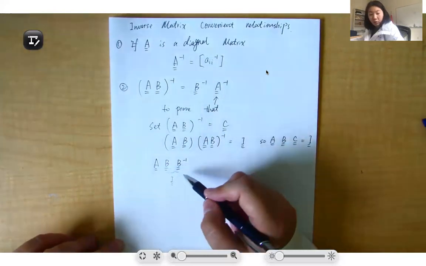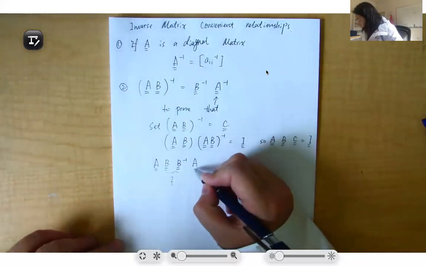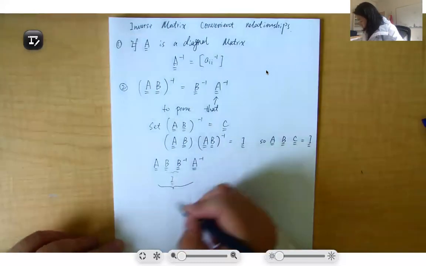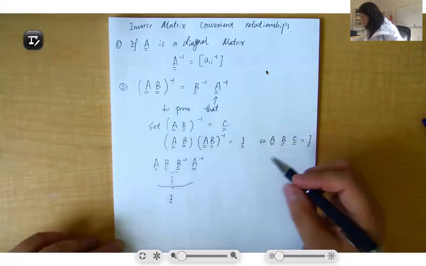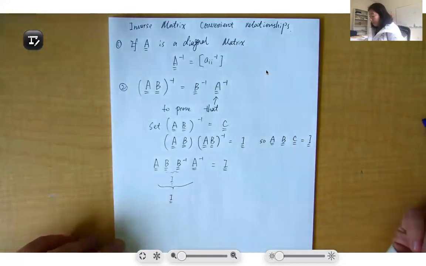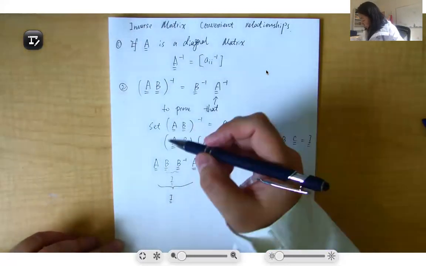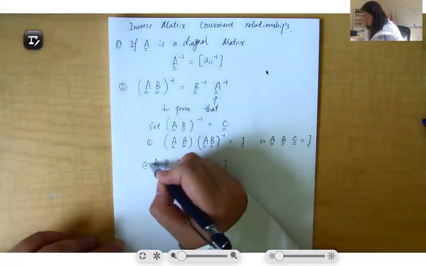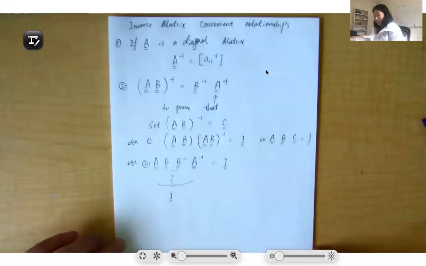Then the identity matrix times A will be A itself. If you multiply by another A inverse, this will be the identity matrix again. So this will be equal to the identity matrix as well, okay? So equation 1 is the identity matrix, equation 2 is the identity matrix.